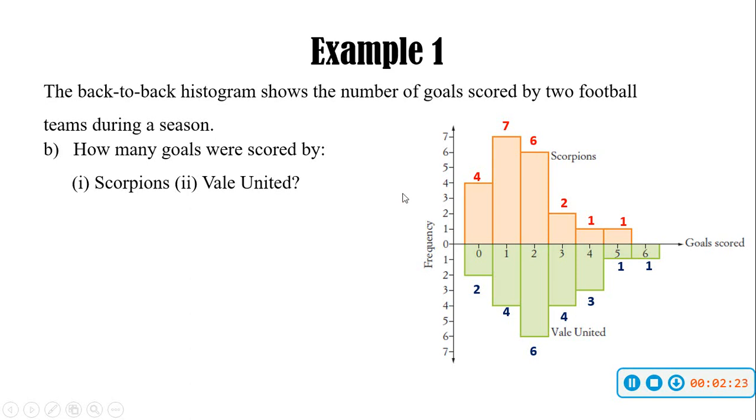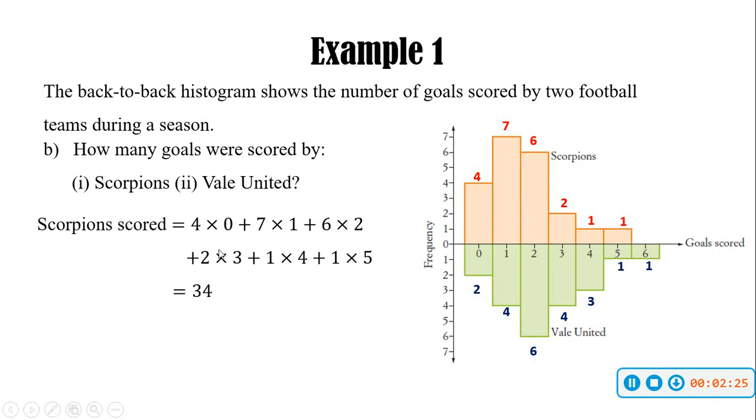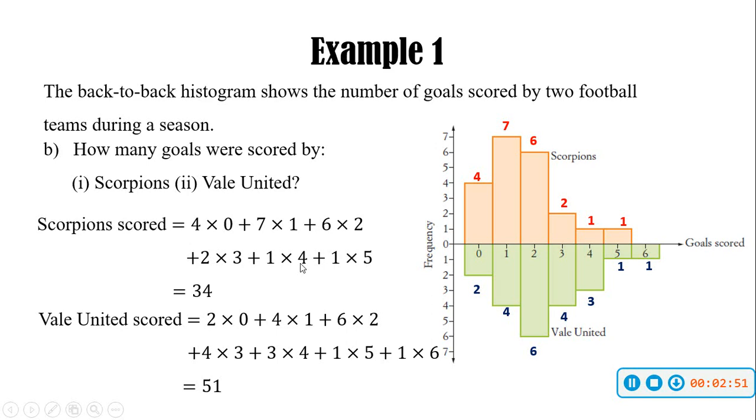If you continue with that, Scorpions scored 34 goals. Similarly, Whale United scored 0 times 2, 0, plus 4 times 1, 4, plus 6 times 2, which is 12, plus 4 times 3, 12, and if you continue with that, Whale United scored 51 goals in total.